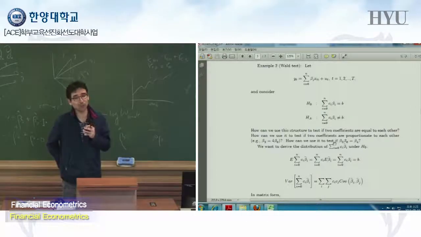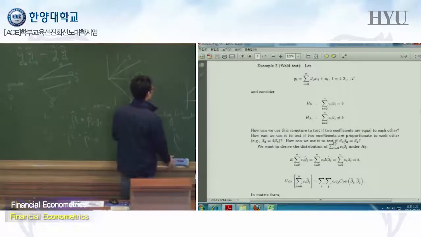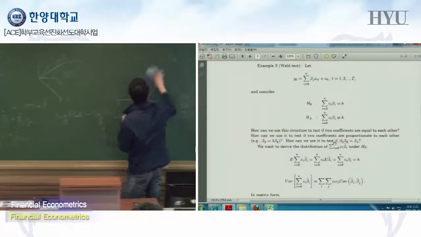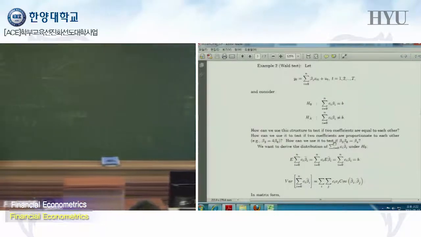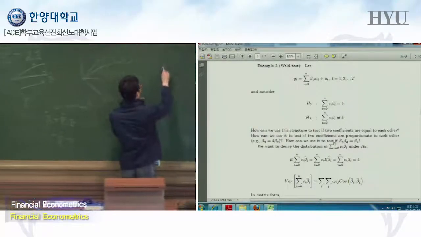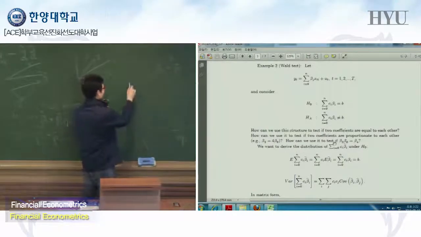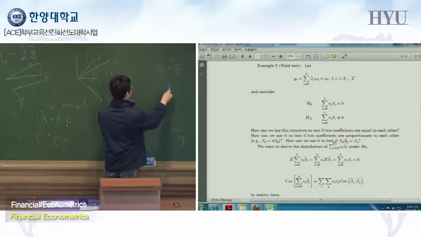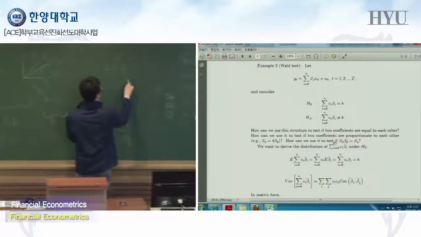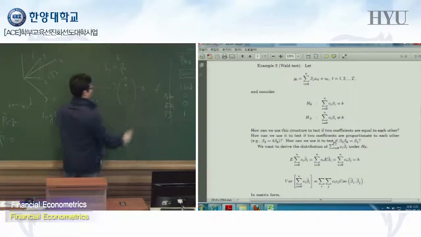Suppose we are interested in whether beta 1 equals beta 2. Then it is easy. We can simply write (1, -1, 0, 0, 0) times (beta 1, beta 2, beta 3, ...) equals 0, right?